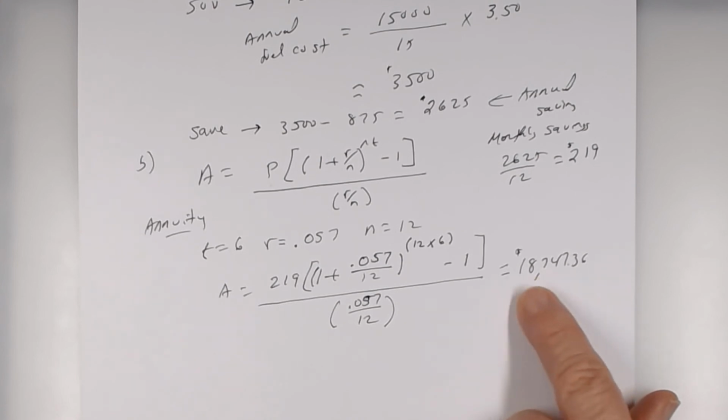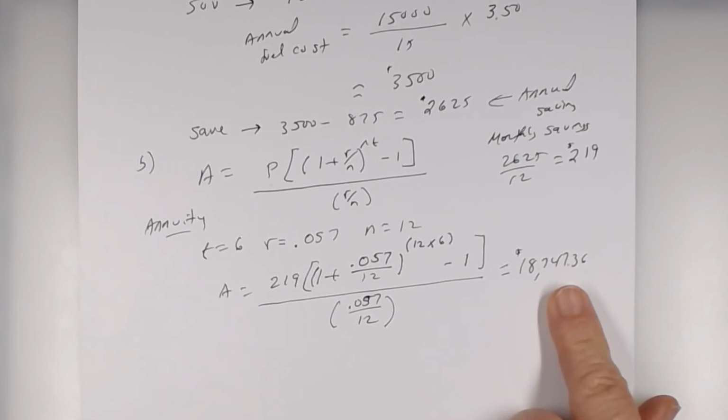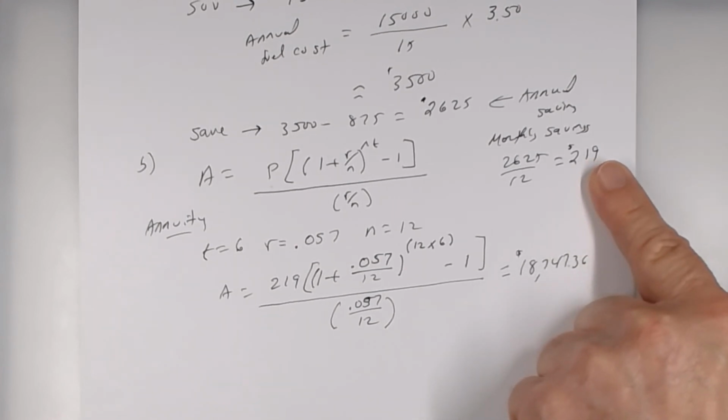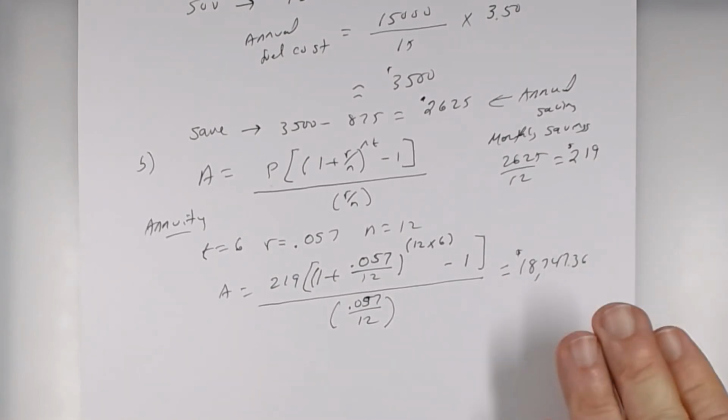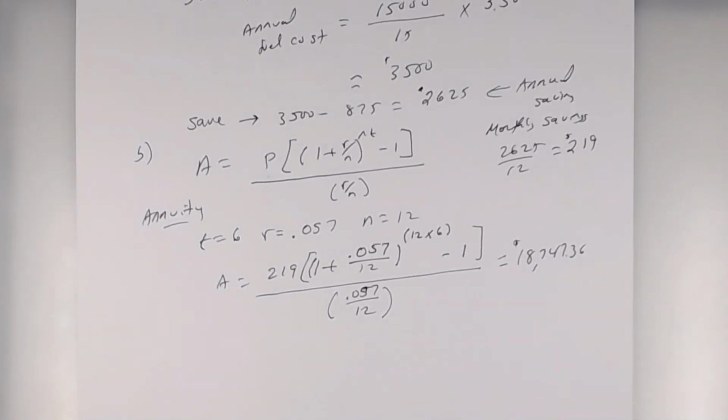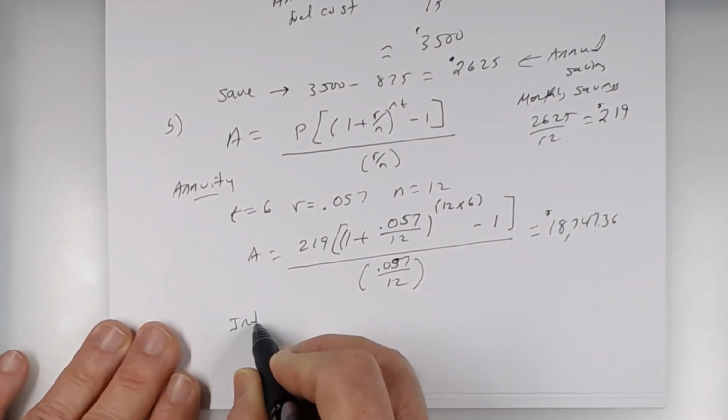Now remember though, is that all interest? Is this all interest right here? Yes or no? Guys, question, is this all interest? No, because some of that is money you put in, right? So let me ask you this. So again, that's the amount you save, so that will be the answer for part B. But what would be the interest though?